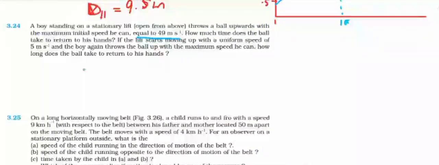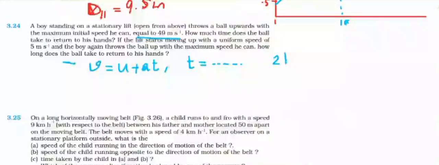So you have to use the formula v is equal to u plus at. Find the value of t from that equation, with v equal to 0. The time taken to return back will be 2t. So find the value of 2t, that is the time taken to return back.